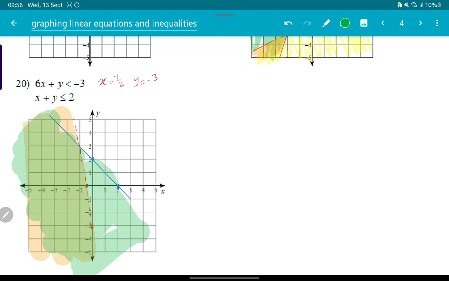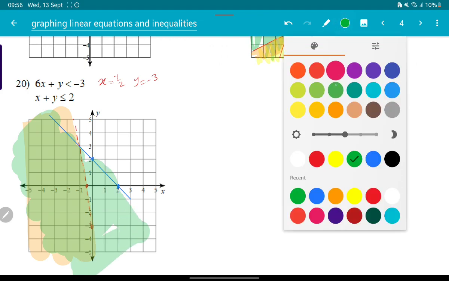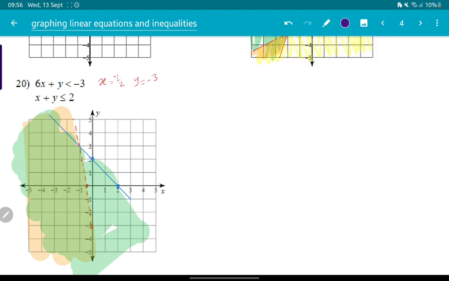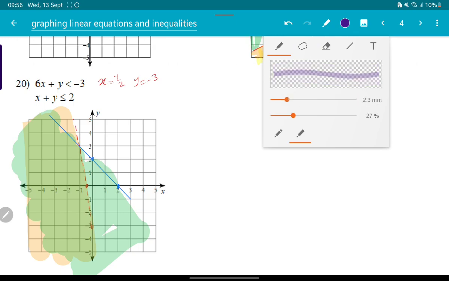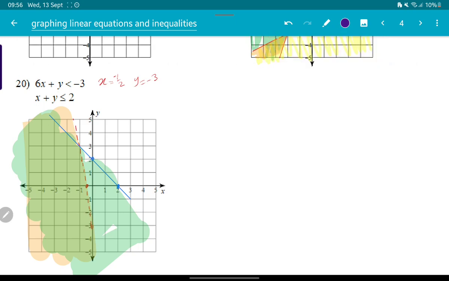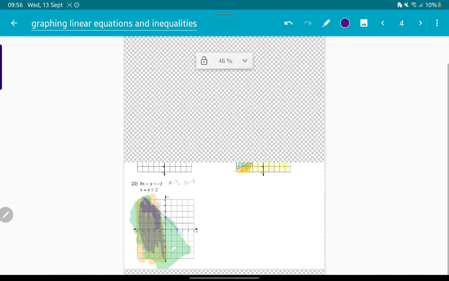Can you see where do they meet? They will meet here. So this is the answer of this inequality.